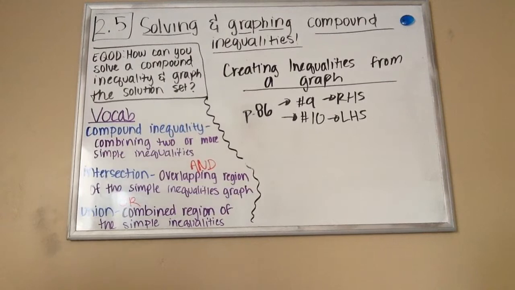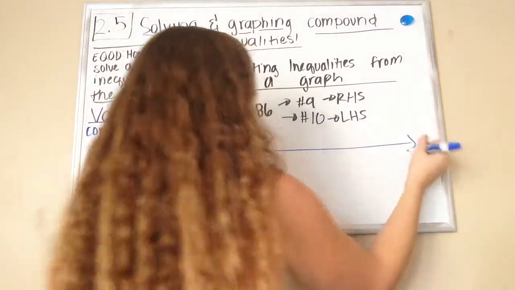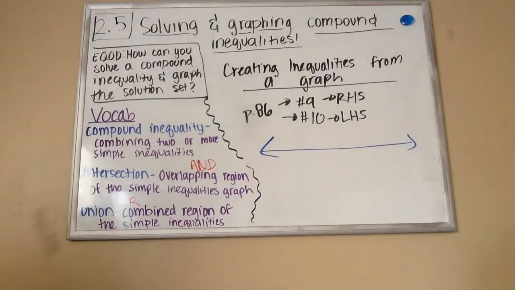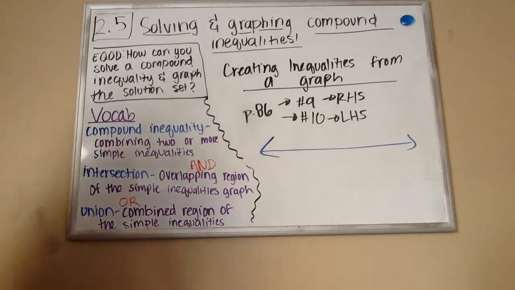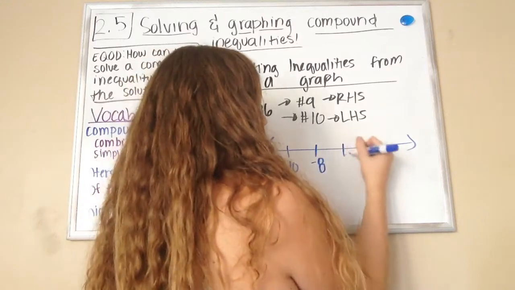Alright, so for number 9, we are looking at this number line that has 2 endpoints. I'm not going to draw the exact number line they have. You have it in front of you. Negative 10, negative 8, I'm only going to include some of the numbers.